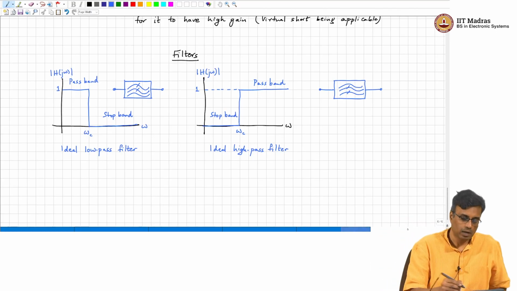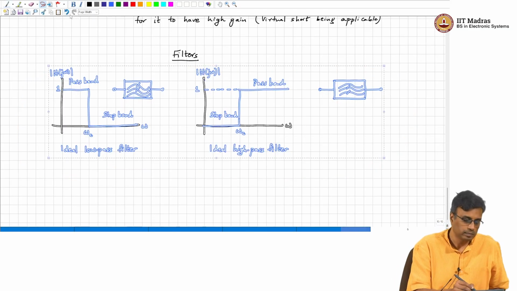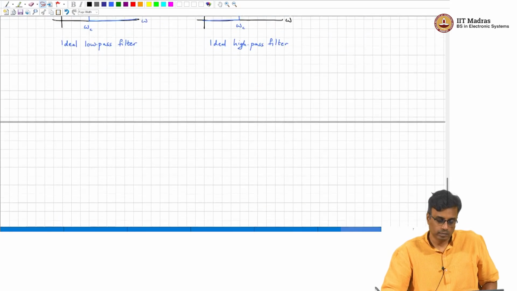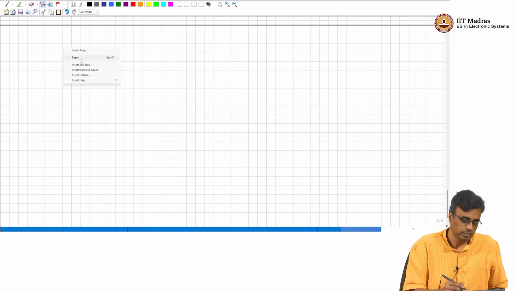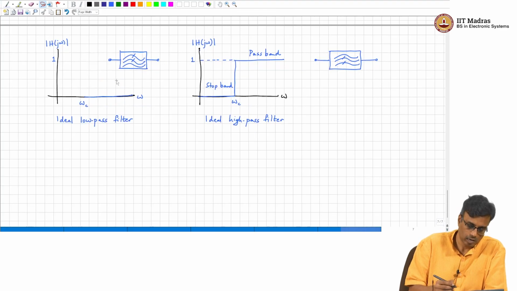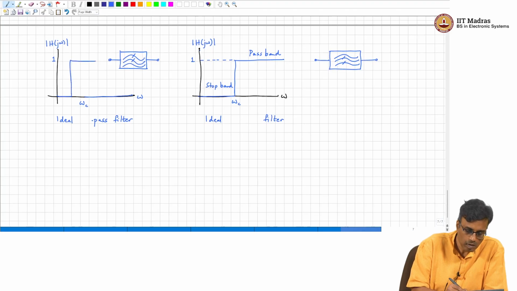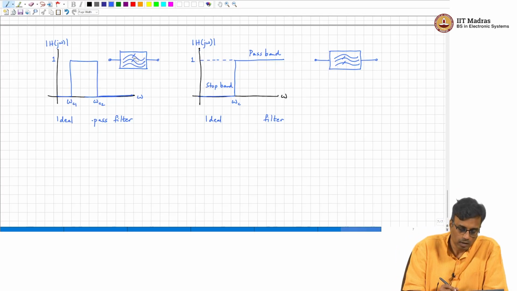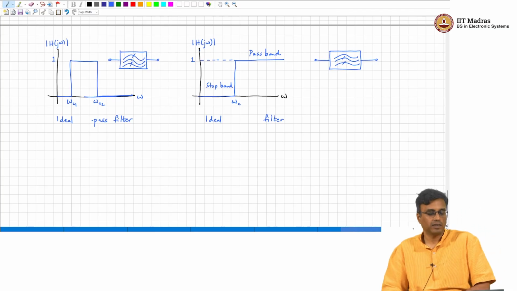Okay. Then this is omega c1, this is omega c2. This is band pass.